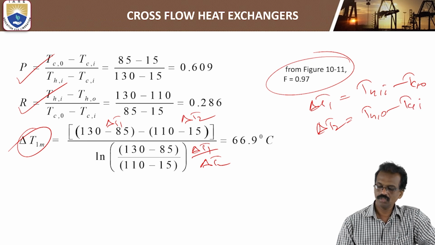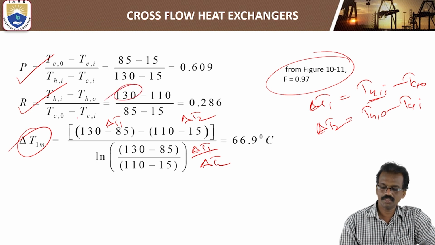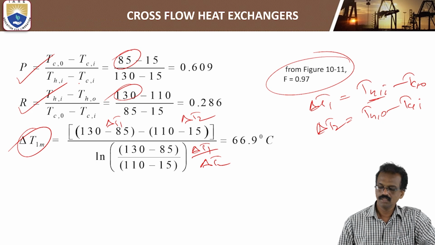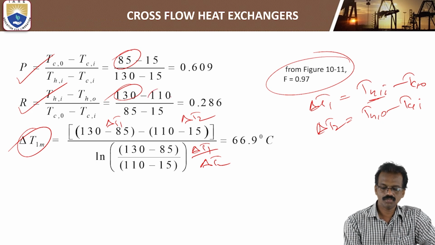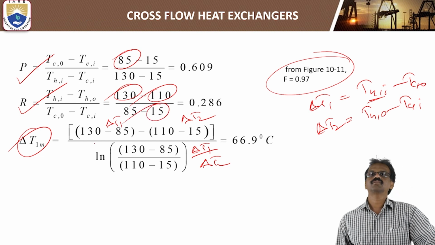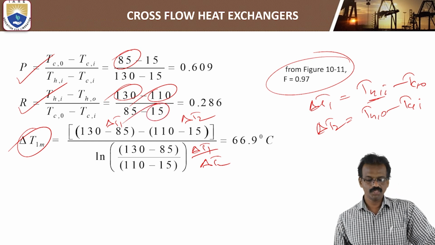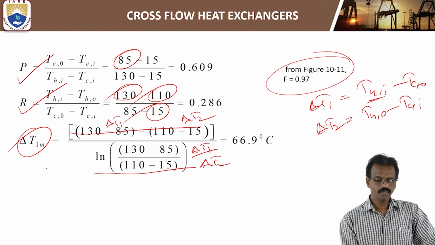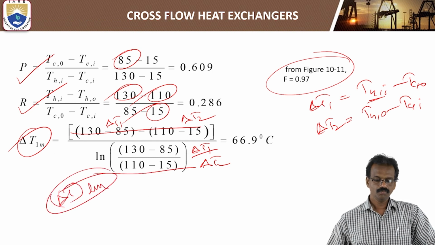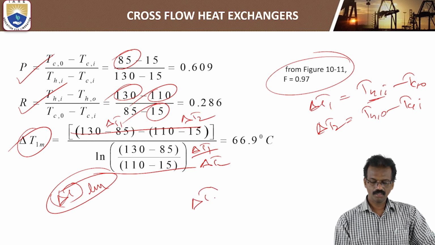You know the values: hot fluid inlet is equal to 130, cold fluid outlet is equal to 85, hot fluid outlet is equal to 110, cold fluid inlet is equal to 15. If you substitute these values, we will get the delta T_LM.